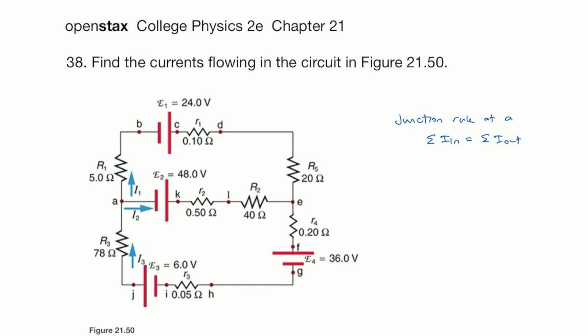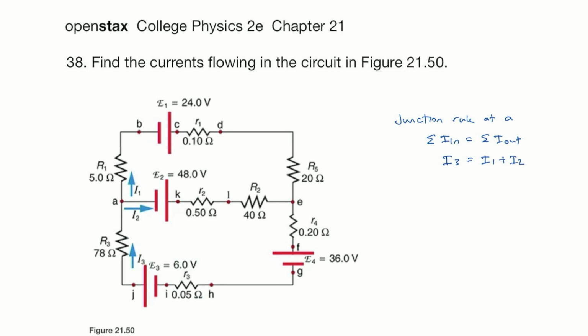At A, we see that I3 is pointing in, and that I1 and I2 are pointing out. So I3 is equal to I1 plus I2. And there's our first equation.